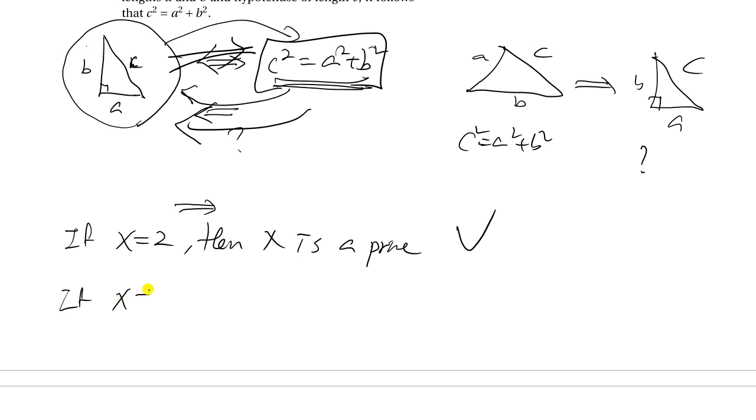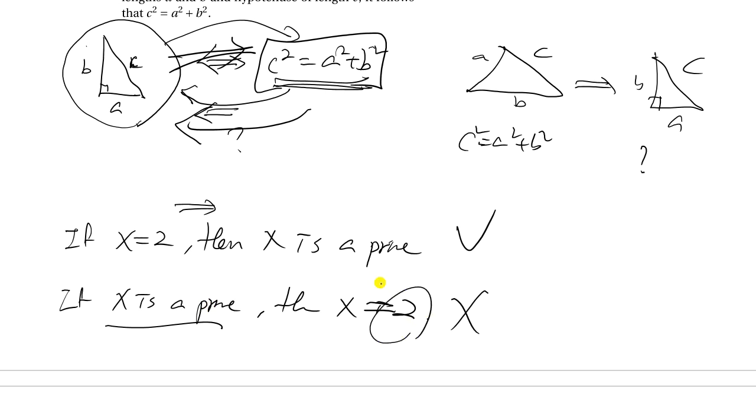If any number is a prime, then that number is 2. How about that? No way, right? We have infinitely many different prime numbers, which we are going to cover later. Any prime number is always 2? No, it's not true. So in mathematics, we have many such cases where only one direction is true and the other one is not.